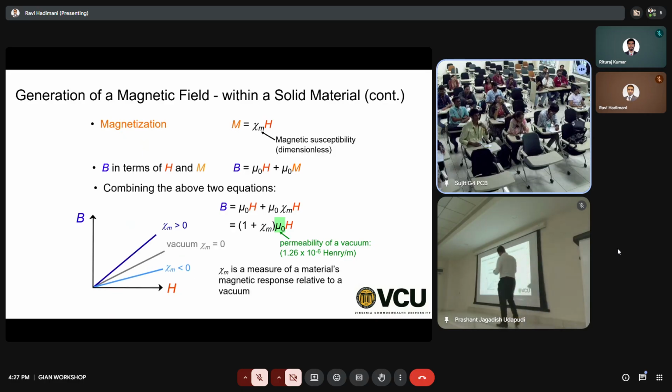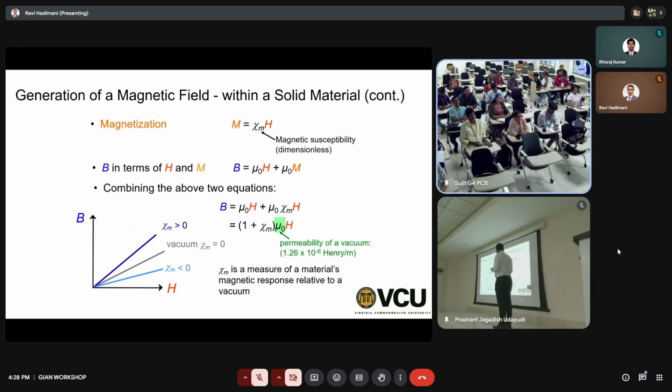Now if you look at different materials, susceptibility can be lower than 0, but relative permeability is always above 1, because the vacuum's relative permeability is 1. Relative permeability is the permeability of a material divided by the permeability of the vacuum, right?